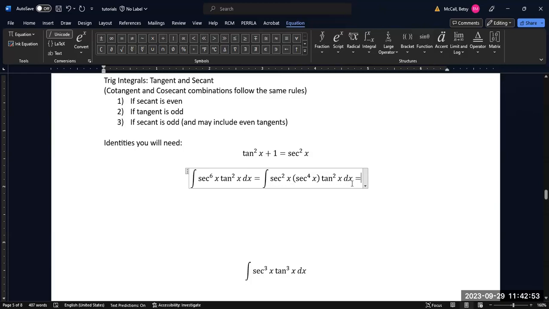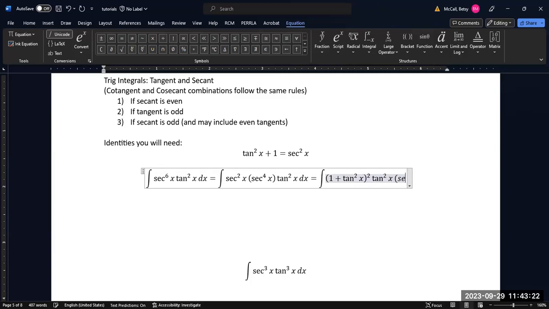So our secant squared and our dx is going to be our du, and then secant to the fourth is secant squared, squared. So I'm going to take my secant to the fourth and replace it using my Pythagorean identity: 1 plus tangent squared x, squared, times tangent squared x.